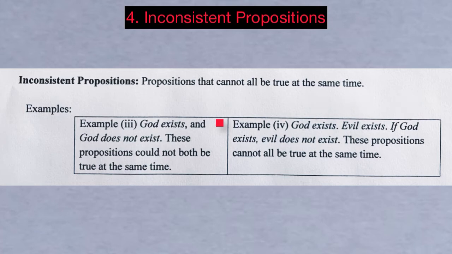Alternatively, if it's true that God exists and it's true that evil exists, it can't be the case that if God exists, evil does not exist. And lastly, if it's the case that if God exists, evil does not exist, and it's the case that evil exists, then it's false that God exists. So these claims cannot all be true at the same time. If any two of them are true, then the third is false.